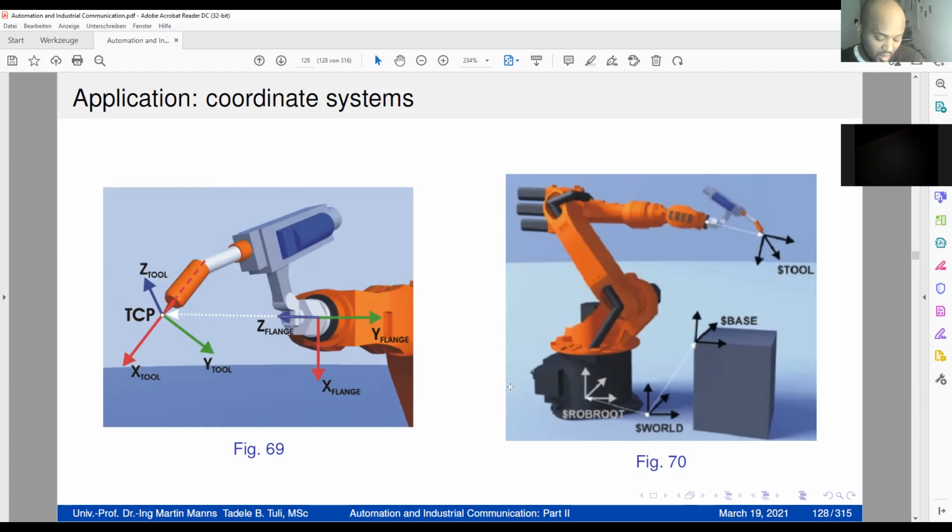So the position vector should become, for example, Pn equals R1, P1, R2, P2, R3, P3, R4, P4, up to Rn, Pn. It's really tedious.